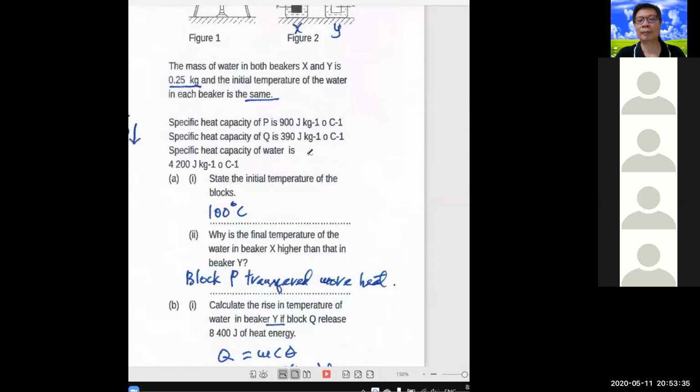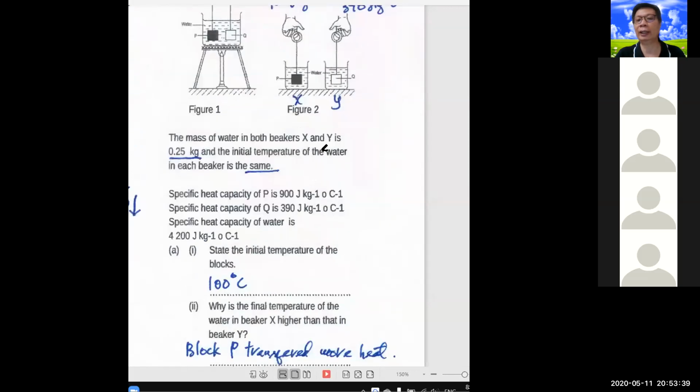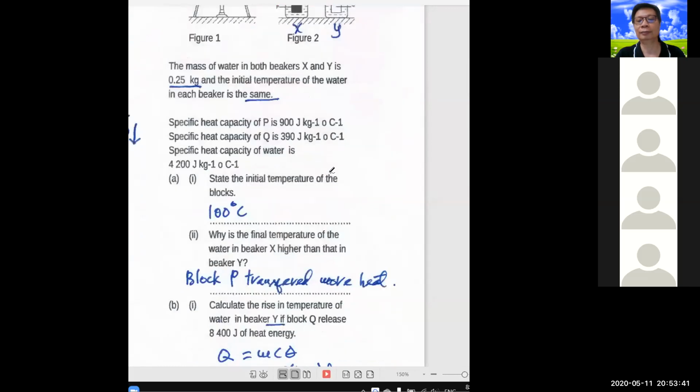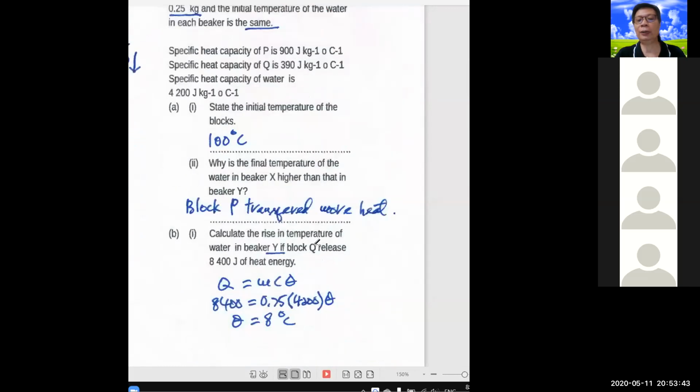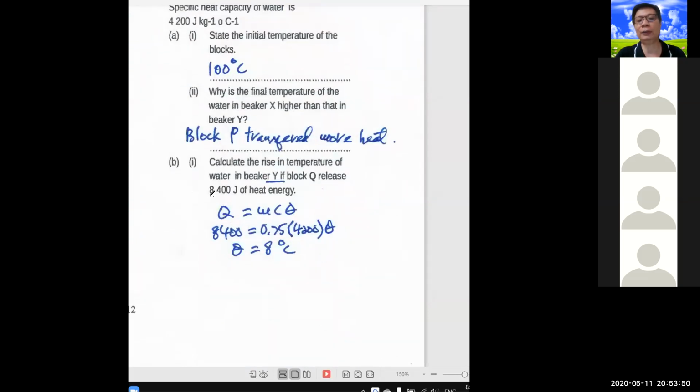Next, calculate the rise in the temperature of the water in beaker Y. If block Q releases this amount of heat, use the formula Q = mcθ. Q is given as 8,400 joule. The mass of the water is 0.25 kilogram.